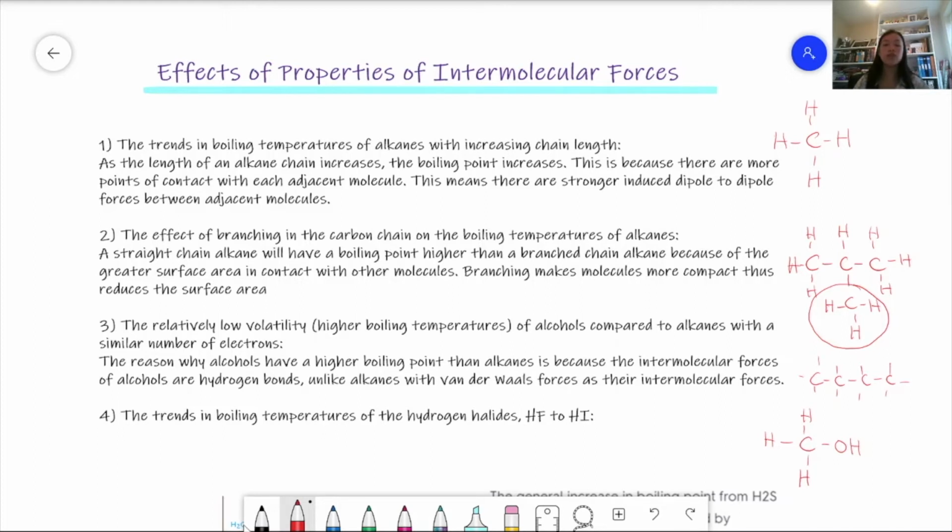The reason alcohols have a higher boiling point than alkanes is that the intermolecular forces of alcohols are hydrogen bonds, unlike alkanes, which have van der Waals forces as their intermolecular forces. So we still have van der Waals here with the CHs, but then we have hydrogen bonding here. Hydrogen bonding is the strongest of the intermolecular forces, so the boiling point is higher compared to if we just had the normal alkane.